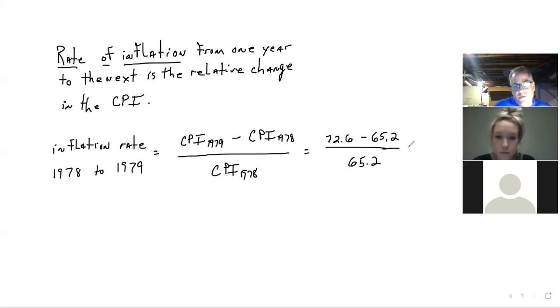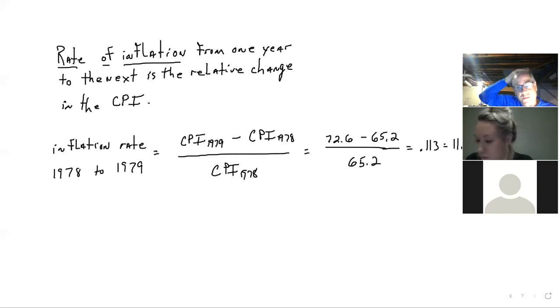So inflation from 78 to 79 comes out 0.113, or that is 11.3%. Which is, again, very accurate. It was very high back then. General prices were increasing at an incredible rate.